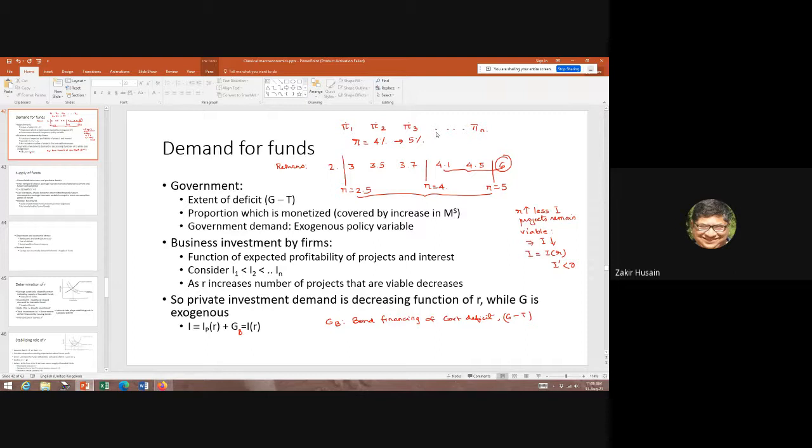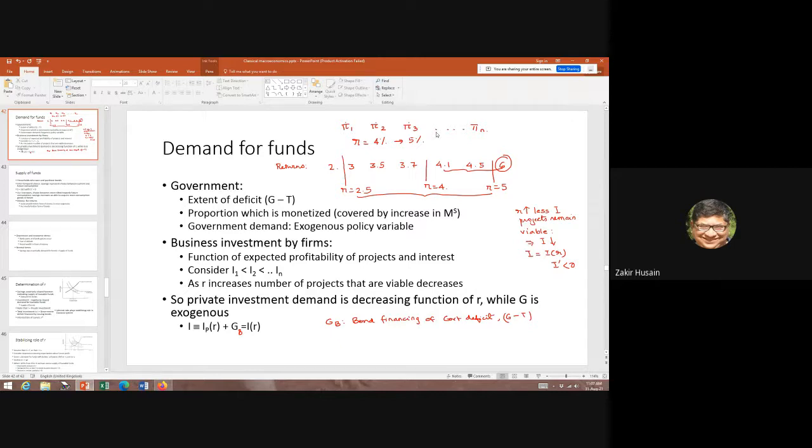This budgetary deficit can be financed in two ways. One is through an increase in money supply. You print notes, you borrow from the Reserve Bank. We call this monetization of your deficit.